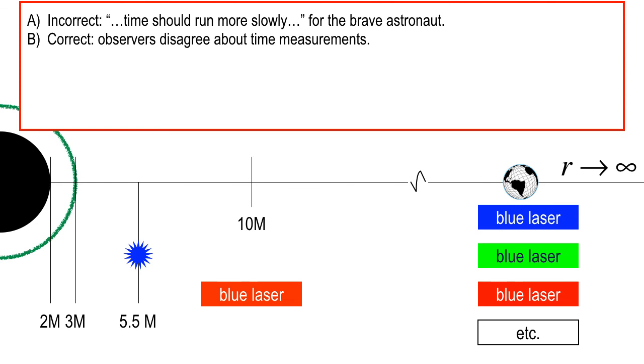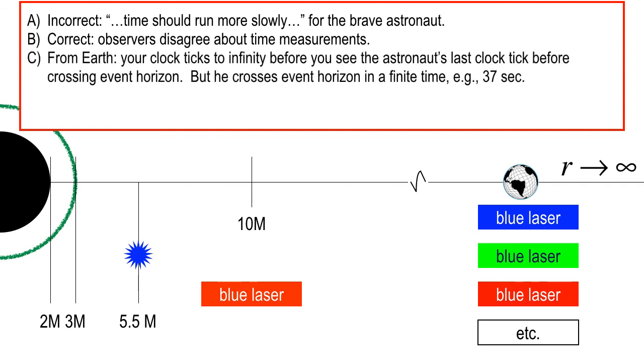Your wristwatch, to you, you're in motion with the clock, so it looks hunky-dory. But now, observers on Earth, our clocks are going to go to infinity before we see the last tick on the astronaut's Timex before he goes into the black hole, right?